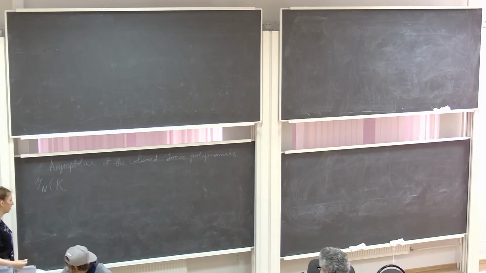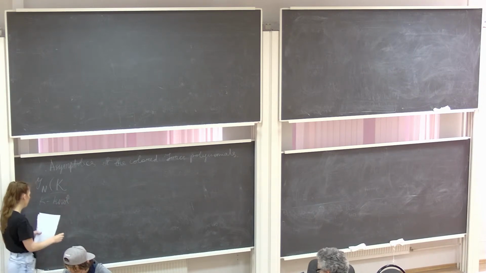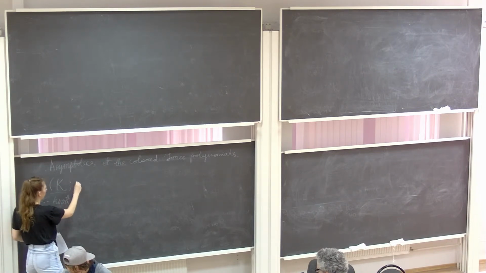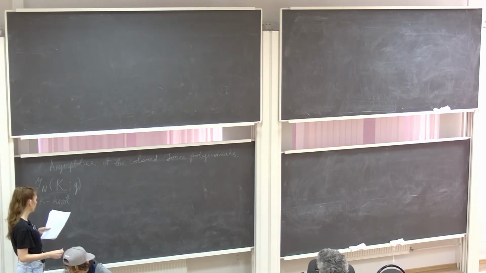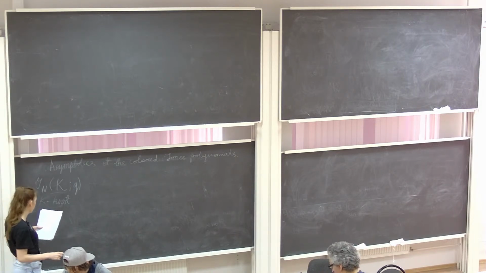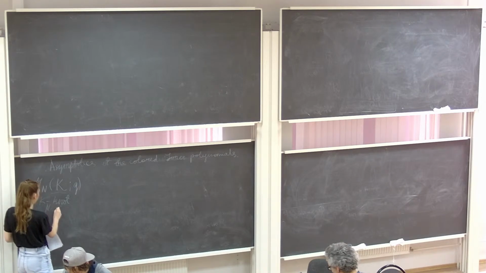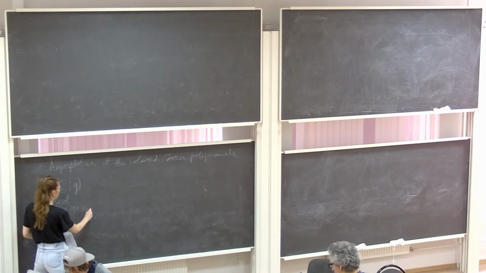It also can be defined for different links, but today we will work only with knots. So K is a knot. And also it depends on some parameter Q.